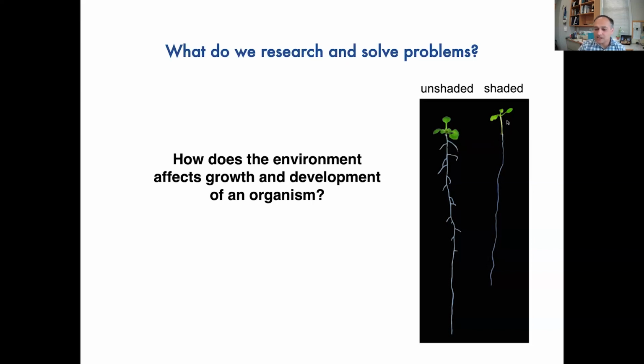As you can see, just two different light conditions, and you can see how radically different they are. In an unshaded light, this Arabidopsis seedling is super happy. It has thick green leaves, a lot of them. It's making a lot of secondary lateral branches, and it has a long primary root, whereas the shaded plant is a little bit anemic.